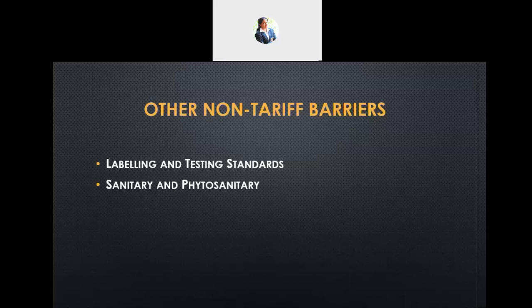This will ensure the safety of life and health of humans, animals, and plants. However, countries actually lay down more stringent SPS norms. At times this is done to decrease the imports coming into the country.